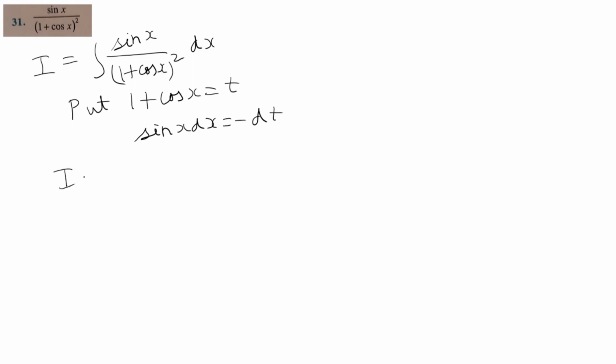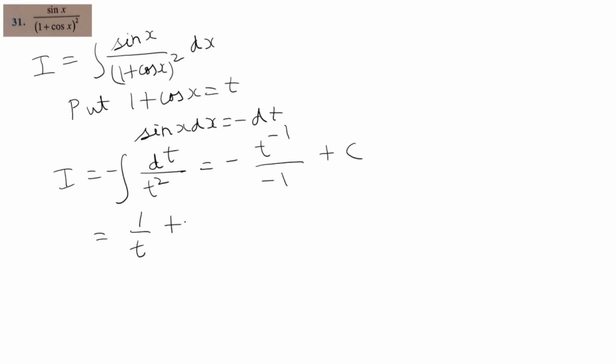You can substitute in I is equal to minus integral dt by t square. So this is equal to minus t raised to minus 2 plus 1 by minus 2 plus 1 plus c. So this is equal to plus 1 by t plus c. T we have taken as 1 plus cos x, that we can substitute here. So our I becomes 1 by 1 plus cos x plus c.